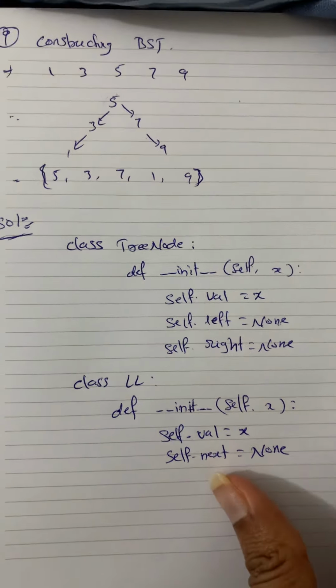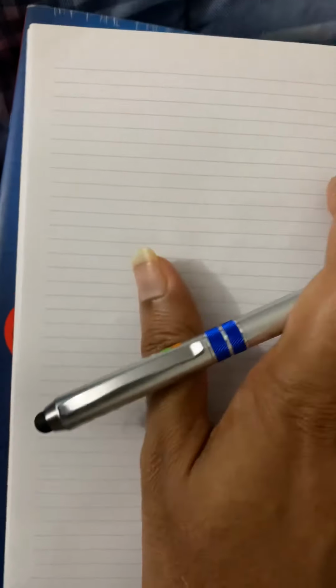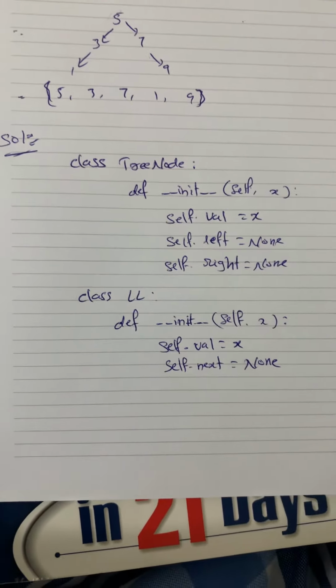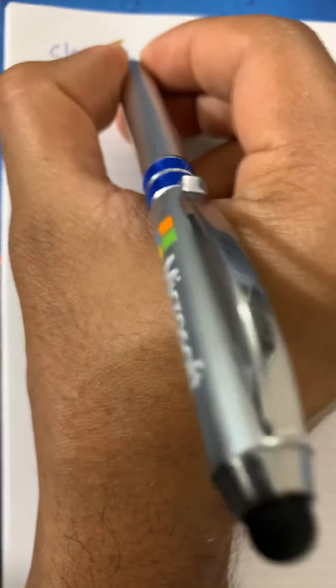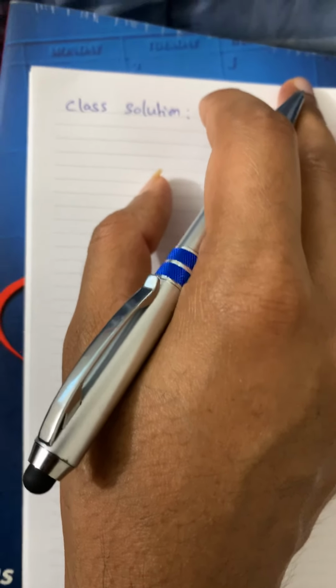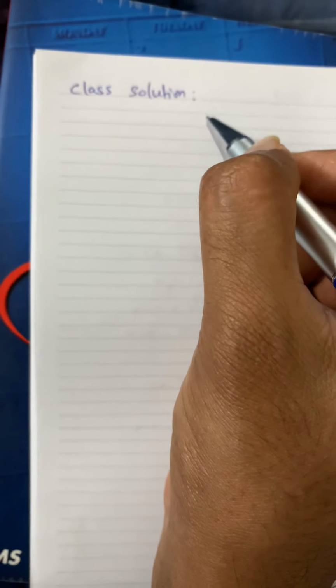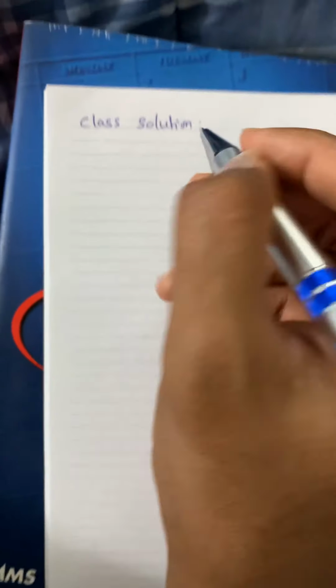So now we need to come up with a solution using these variables and classes. I would like to write another class, which will be called Solution. This is the solution part where I wanted to have all the solution code.